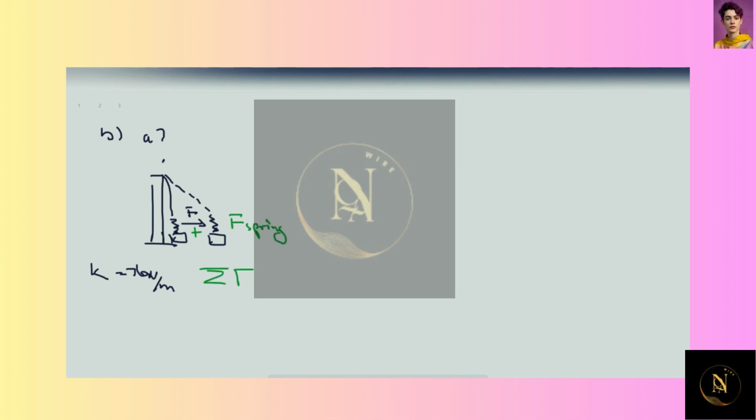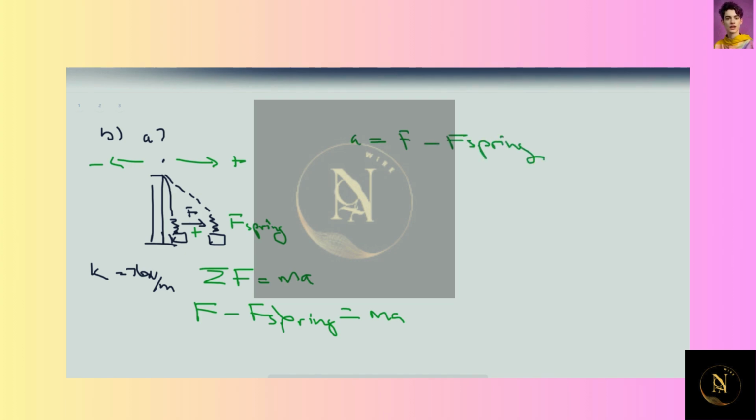Using Newton's second law, we know that the net force, or the sum of the forces acting on the system, is mass times acceleration. We have the positive force and also the spring force, which is opposing. This side is positive, this side is negative. This is the spring, equals ma. We want to find the acceleration. So acceleration is the force that's pushing in the positive direction minus the force of the spring, divided by the mass.